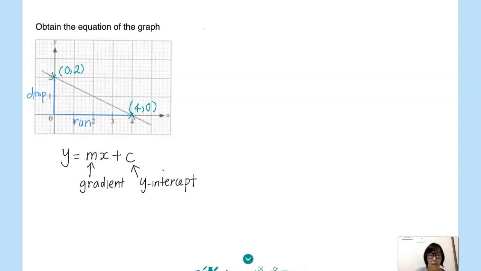So let's calculate the m, which stands for the gradient. Now, the gradient would be equals to, instead of a rise, the drop over run. So it's the same thing. How do we calculate the drop? First, we want to find the difference in the y coordinate. So I will take 0 minus 2. I'm getting the difference between the height.